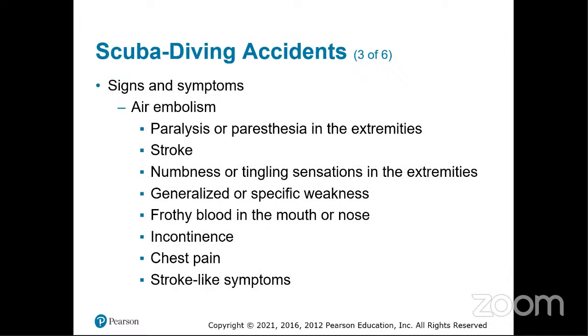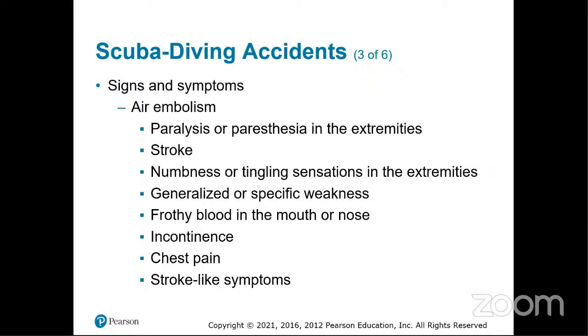Some other parts of it: paralysis. Either they're completely paralyzed or one of their arms or legs won't work for them, okay? Or it'll mimic a stroke, with numb or tingling sensations. They'll have generalized weakness. If it's a late sign, they'll have frothy blood in their mouth, a pink frothy sputum.